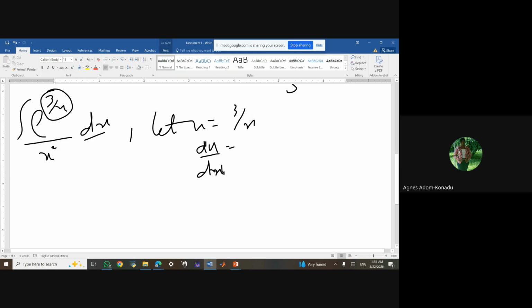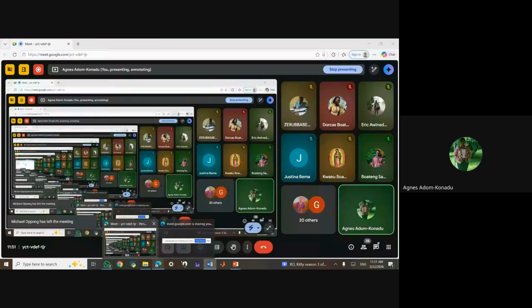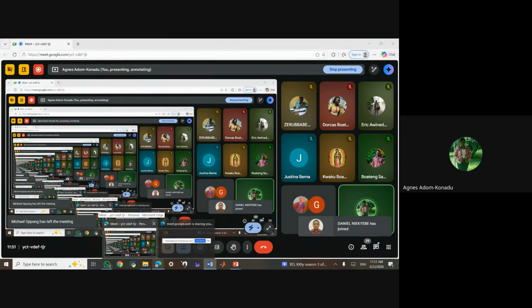Please differentiate it for me. I want to differentiate this with respect to x. Please Dorcas, differentiate this for me.